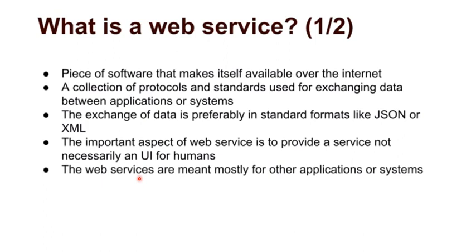Web services are meant mostly for other applications or systems. This carries the same meaning we discussed in the previous point, that applications and systems sometimes want some specific services from another system or application. For example, sometimes we need data to be processed from a Twitter account.